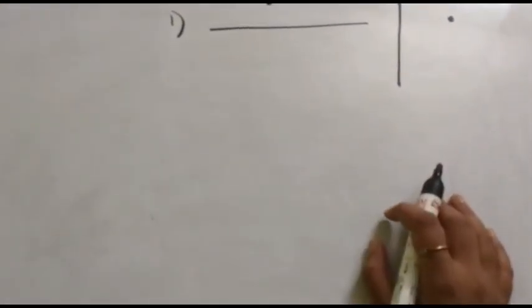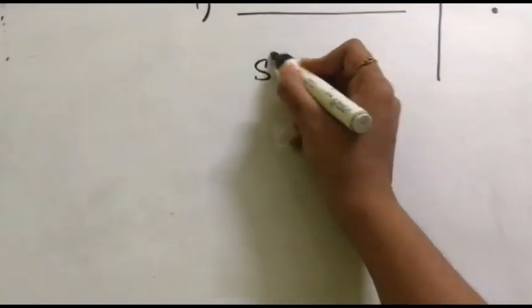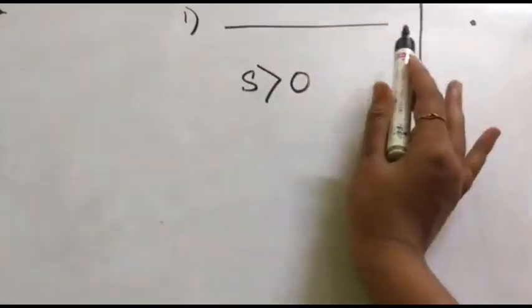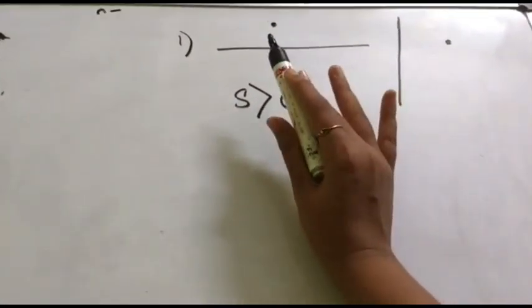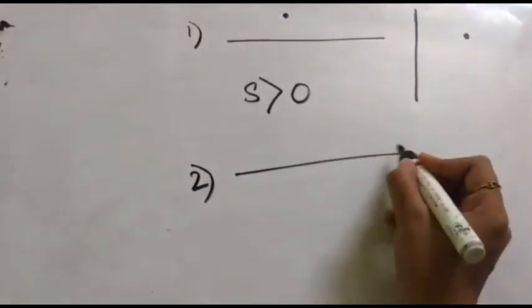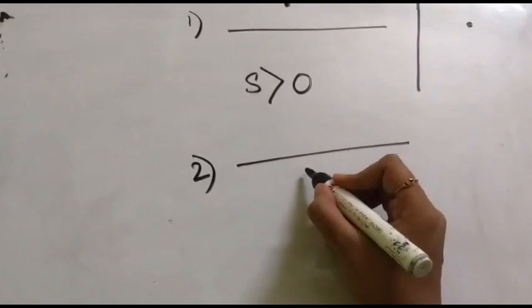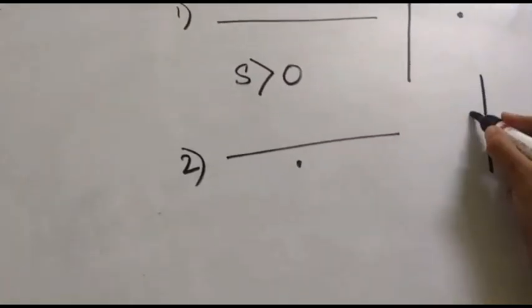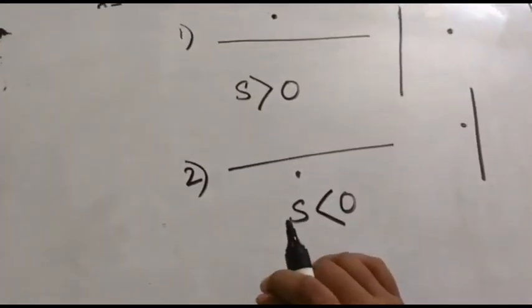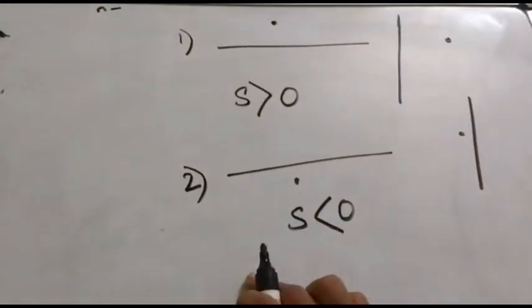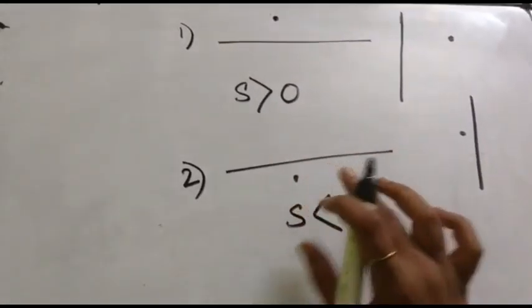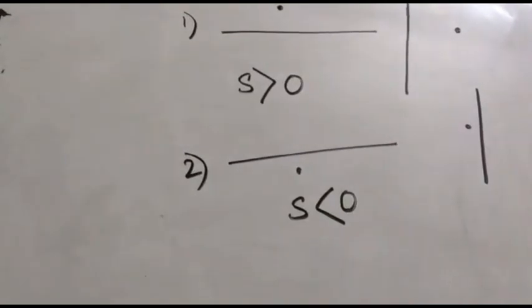So if s is greater than 0, then we can assume that the point does not lie on the line, it lies either above it or on the right. Now similarly, in test case 2, if the point is below the line, or if it is on the left side of the line, s is less than 0. That means if we have calculated s and it's less than 0, then the point is either below the line or on the left side of the line.